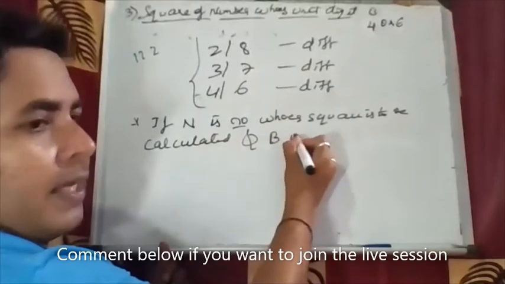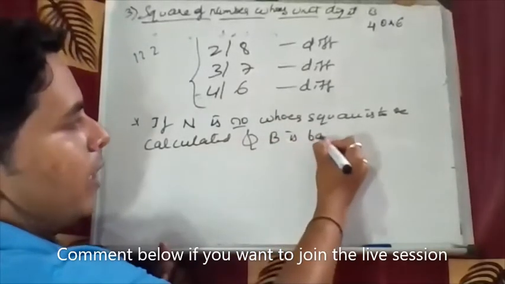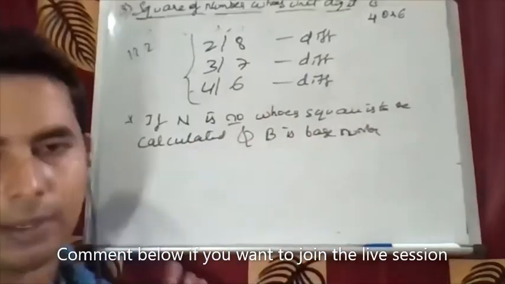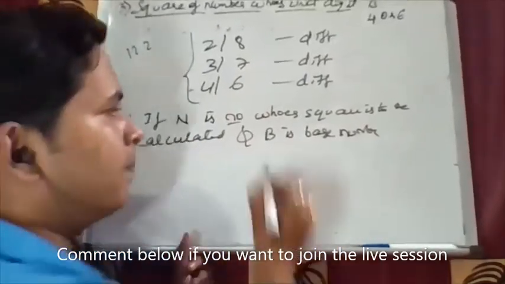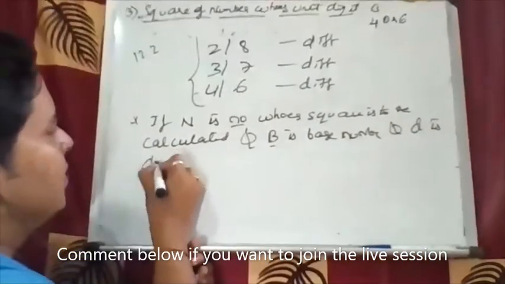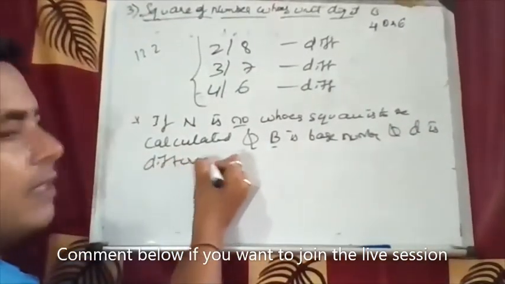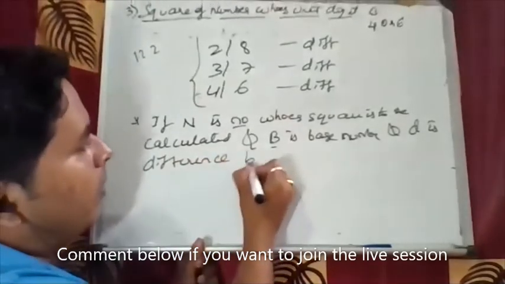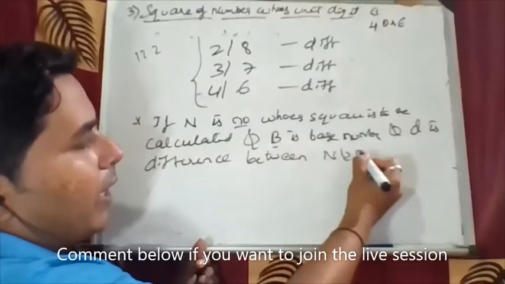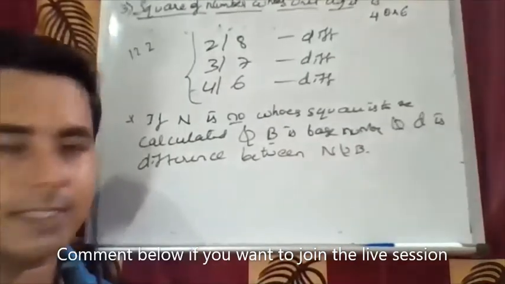So b is the base number. इसका base number क्या आएगा? 120 आएगा. So b is the base number, and I'll take d as the difference number between n and b.